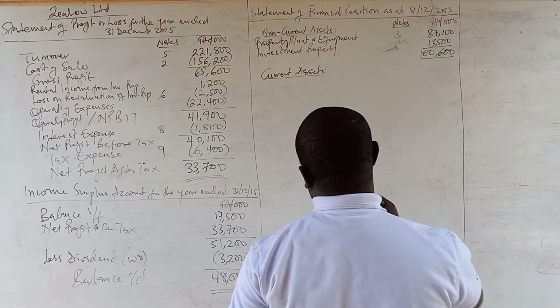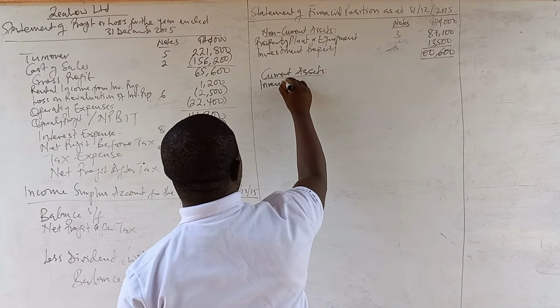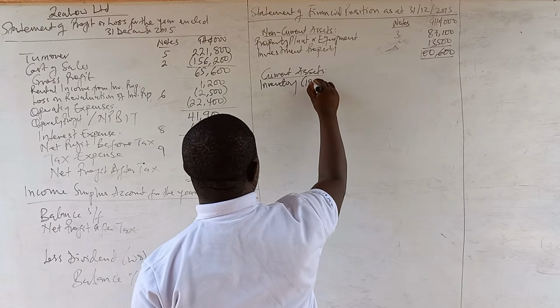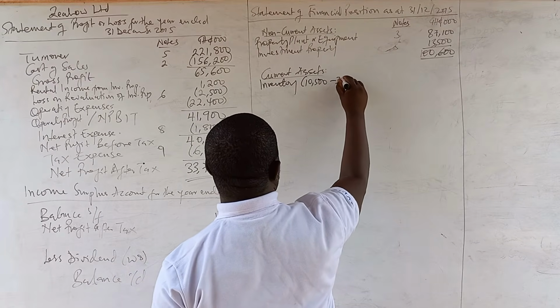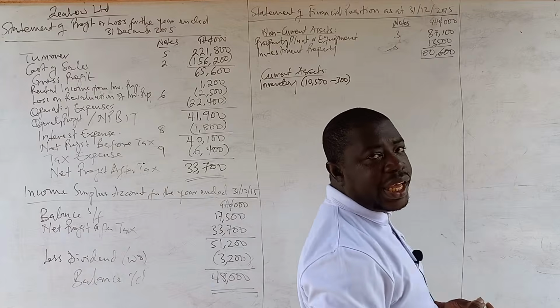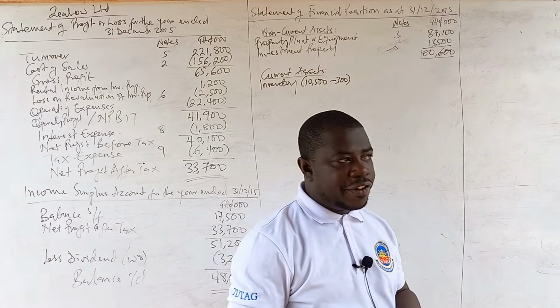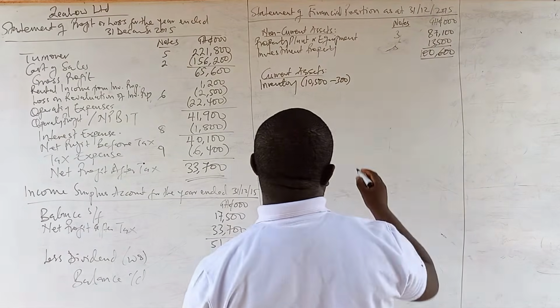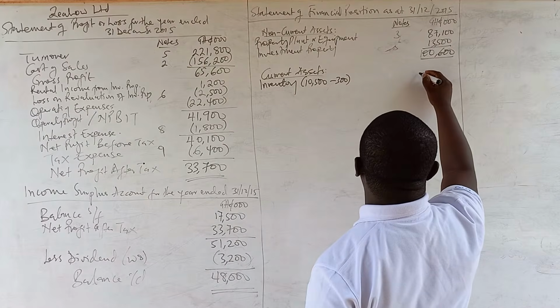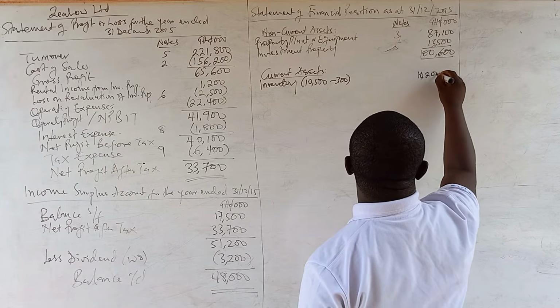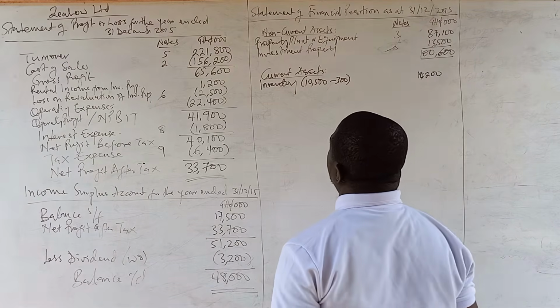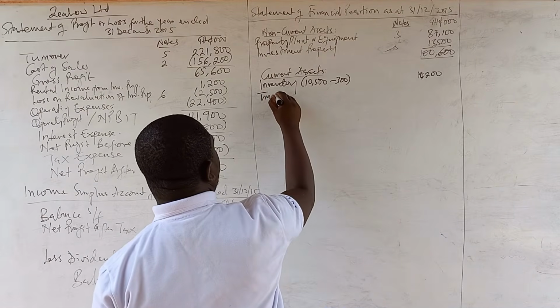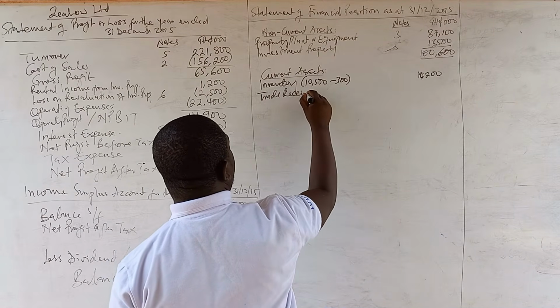So we begin with inventory, 10,500 minus 300. The 300 is the adjustment on the inventory that we did. So that is going to give us a net inventory figure of 10,200. And then we move on to trade receivables.